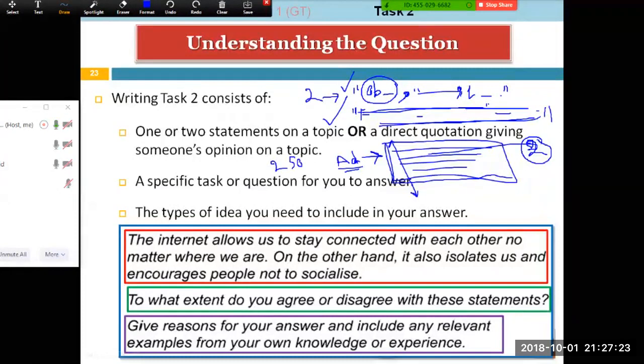So to make that word count achievable, you expand the examples. You will write an advantage of maybe 2 to 2.5 lines, then give an example of 2.5 lines. That would make up the deficiency of points that you have.